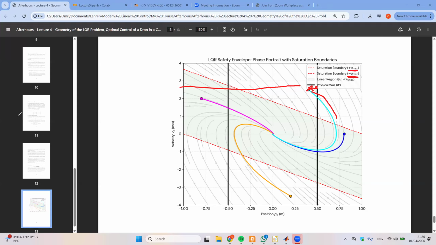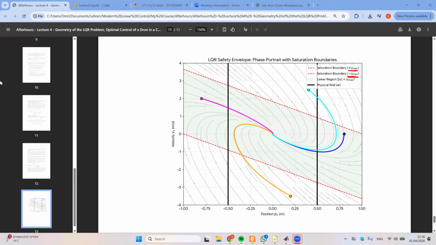And what's interesting is that even the optimal trajectory, which we will see here in gray, would still make us hit the wall. So for some velocities and some positions close to the wall, even the most optimal controller cannot help us.